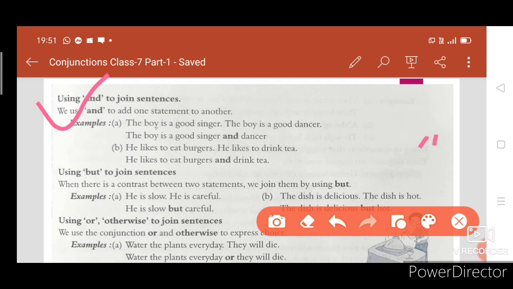So we can join these two contrast statements with the help of but: he is slow but careful. Using or, otherwise: when we have choices, to express choice we use or, otherwise. Water the plants every day, they will die. Water the plants every day or they will die. In case you do not water the plants, they will die. So it's your choice.